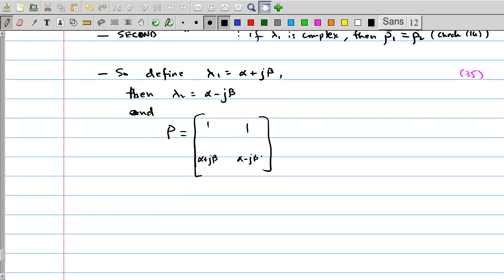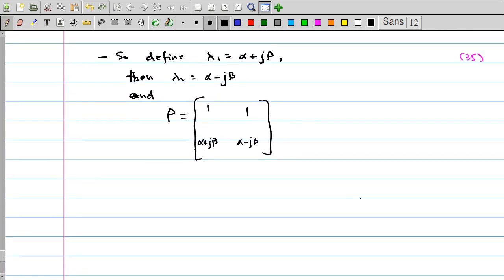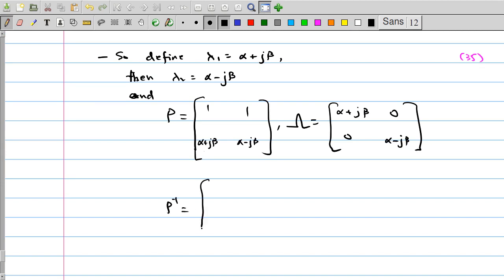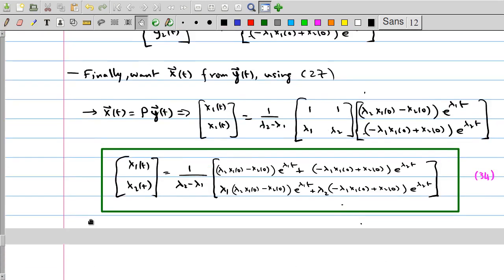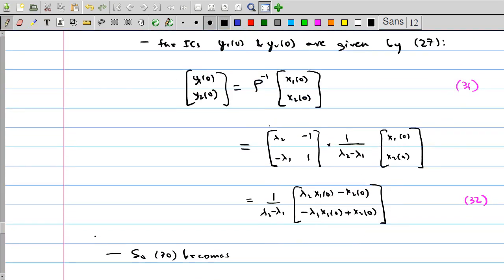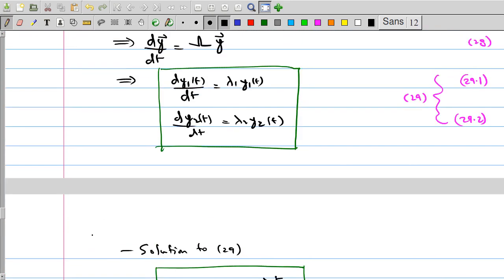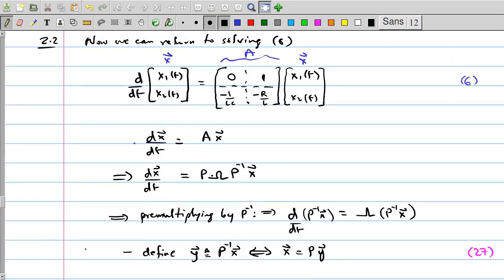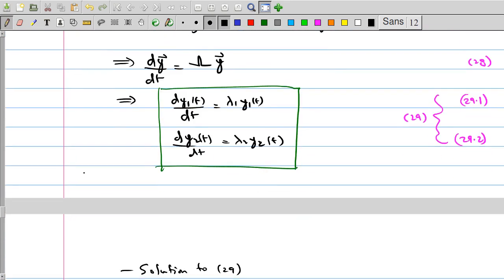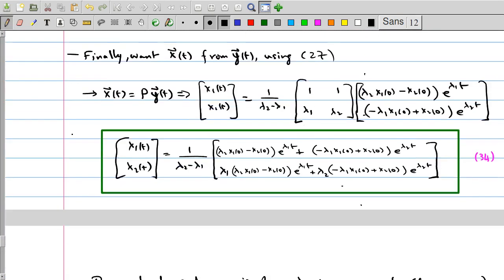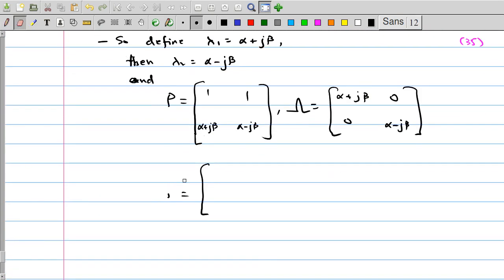Okay, so lambda is equal to alpha plus j beta 0 0 alpha minus j beta. And what is P inverse? One over b. We might not actually need all this. All right, we'll just leave it at that because we already have the whole thing worked out.